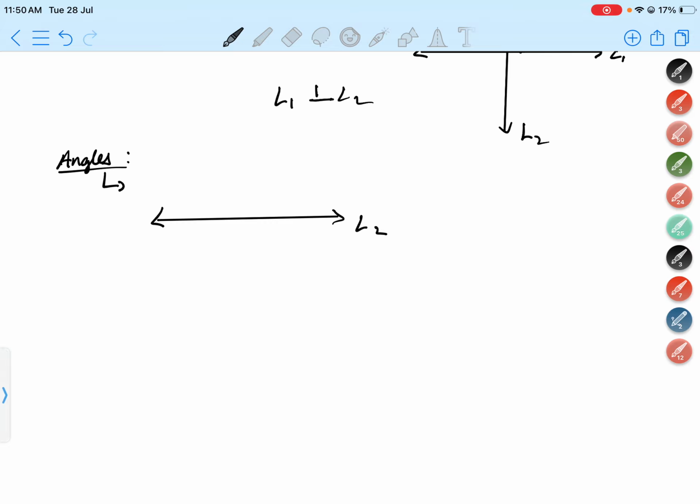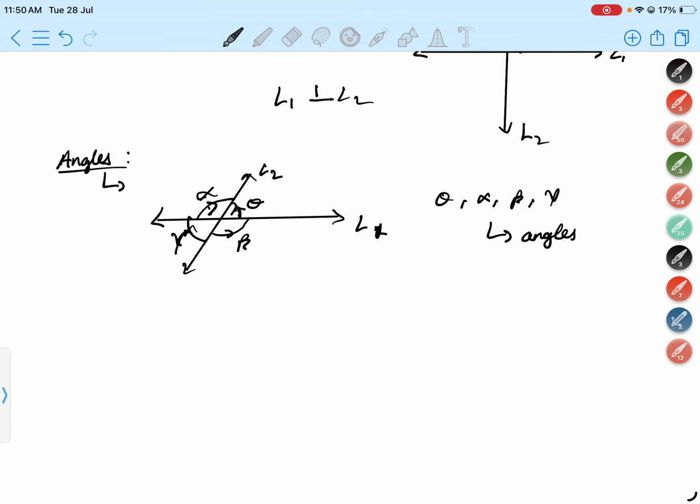Let's say this is my line L1 and this is my line L2, then the angle between them can be this, in this direction theta, it can be this alpha, it can be this beta, and it can be this gamma. So all of these tilts which have been created are known as angles. Theta, alpha, beta, gamma, these are angles, and these are just the symbols which are used to represent angles.